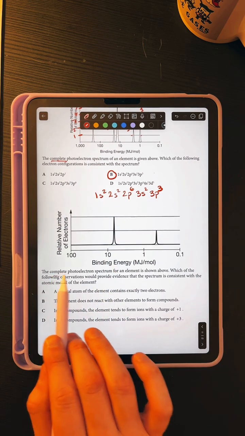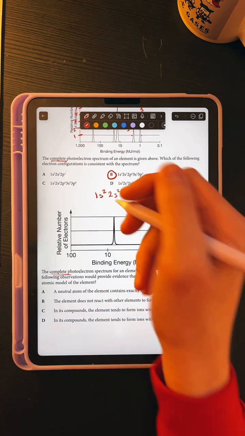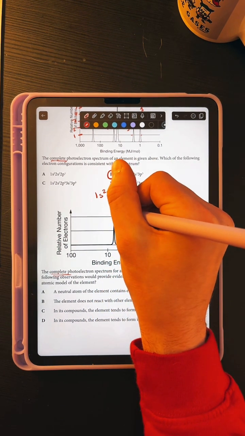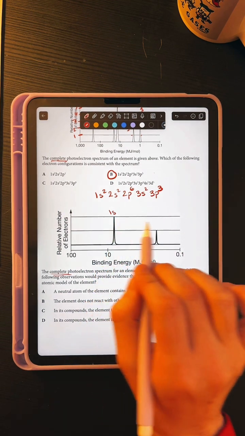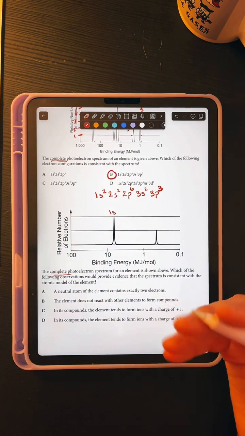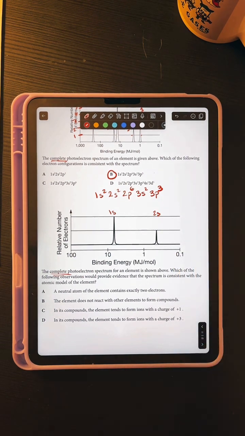So again, we're given a complete photoelectron spectrum. So our first line that we see, our first peak, that's going to be 1s. Then our next one, if we were to look at that periodic table again, we would hit 2s for our next peak. Now this is a complete photoelectron spectrum.